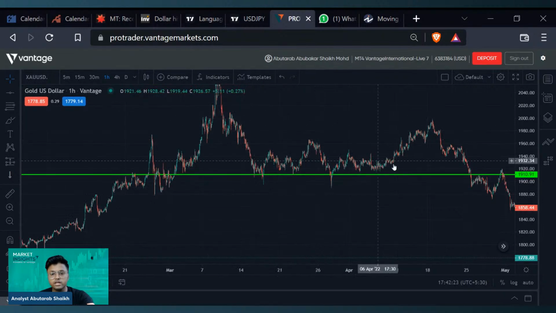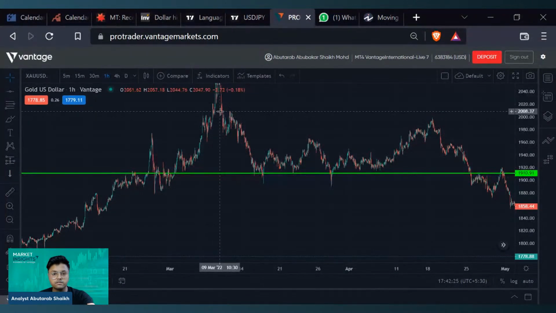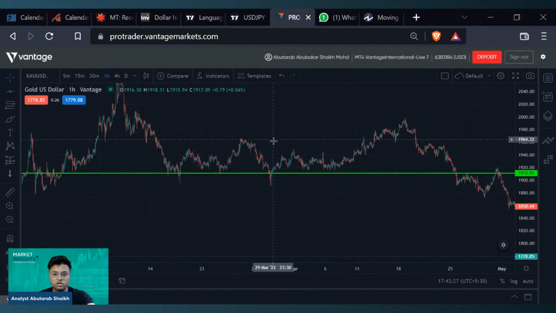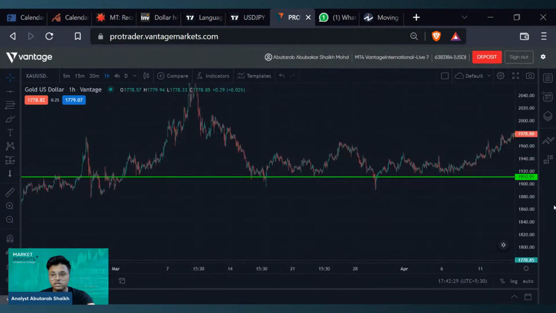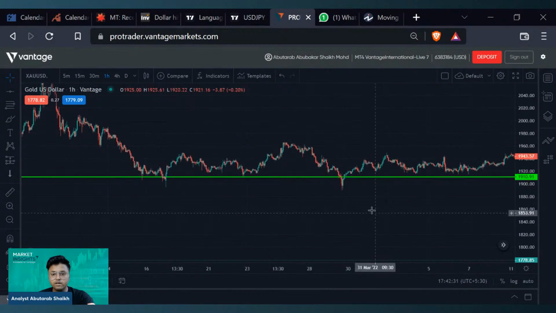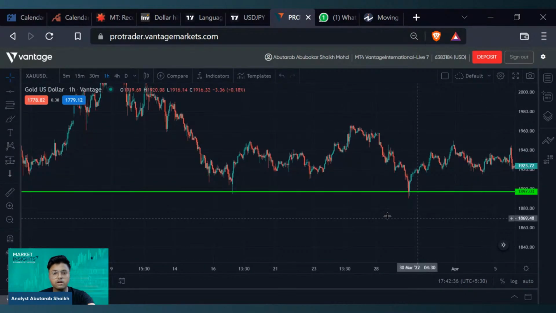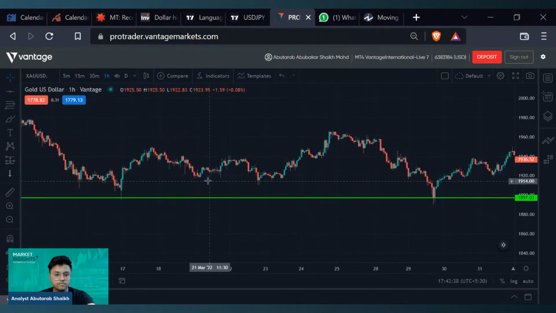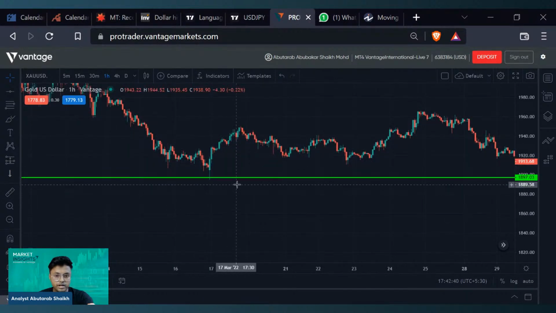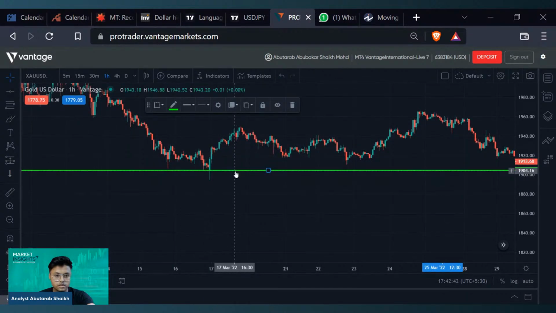I have kept it very small, but you can see this is a level where multiple candles have tested. Multiple times it has been tested. For example, this went into this zone, almost this particular line. Then again it got tested here.